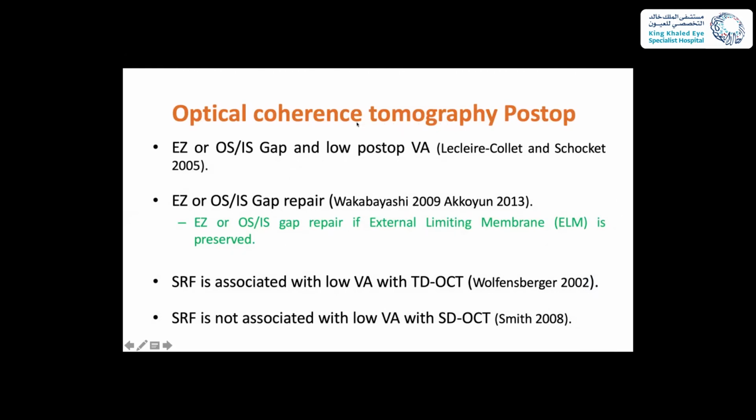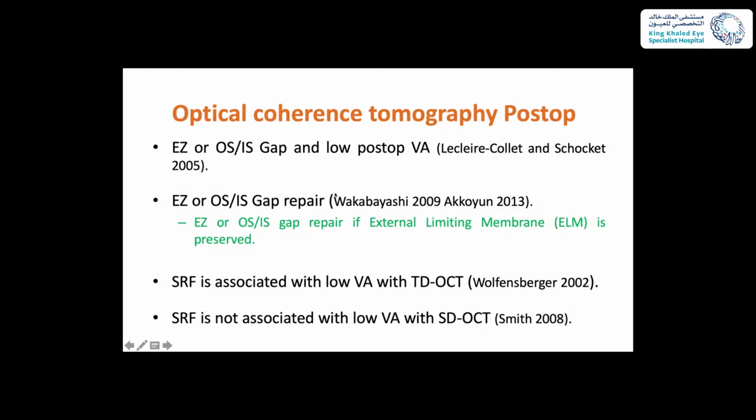And also, when we focus on the characteristics of the OCT postoperatively, the first reviews speak about the relationship between the ellipsoid zone gap and low postoperative visual acuity, in the work by Leclerc and Schocket in 2015.